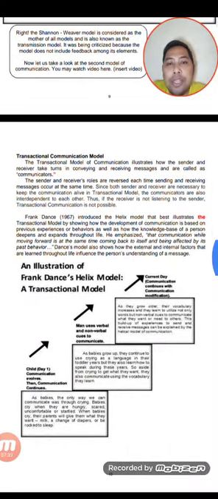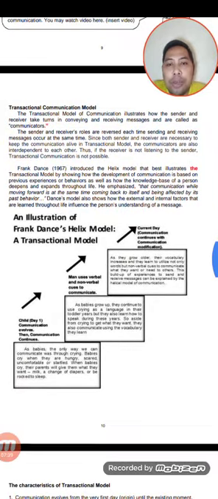Now, transactional communication model. So, an illustration of Frank Dance's helix model, a transactional model. The transactional model illustrates how the sender and the receiver take turns in conveying and receiving messages and are called communicators.